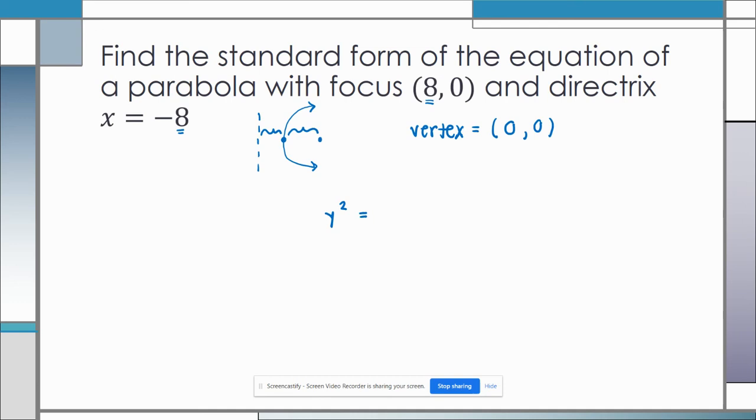We know that our value to go from (0, 0) to (8, 0) is a length of 8. So that is our p value. So if our p value is 8 and it's positive because we open to the right, then I know that the number that's going to be in front of my non-squared term is always 4 times p. Well, 4 times 8 is 32. So here's my equation.